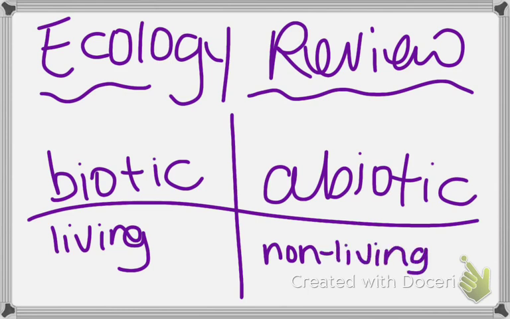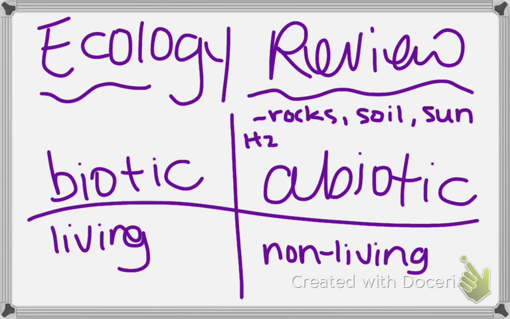This is where students start getting confused. If you are non-living, what are some things you could be in an environment? You could be rocks. You could be soil. What else? The sunshine. What else could it be? Water.